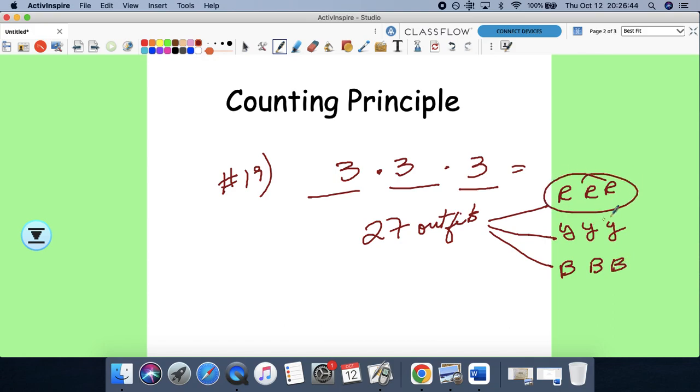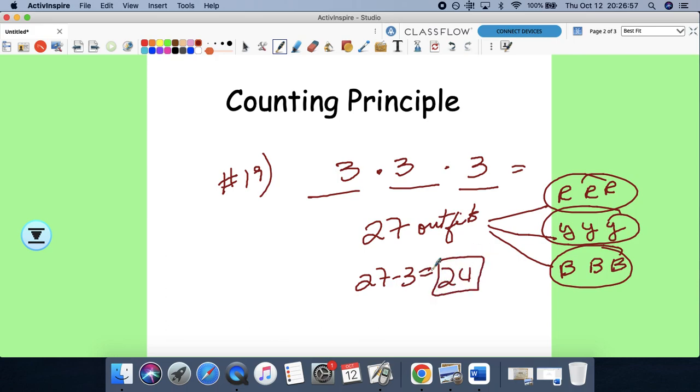So out of these 27 outfits that she can make, 3 of them are the same color. So we have to subtract those 3. So she can actually make 24 outfits that are not all the same color. Okay. Tricky.